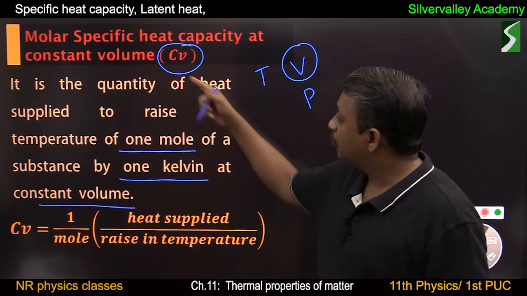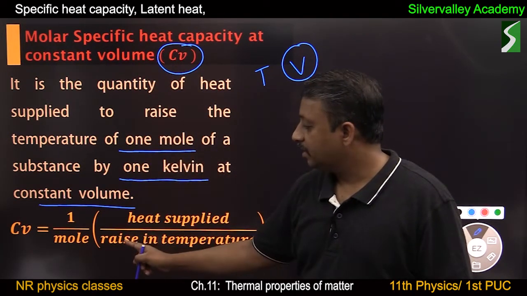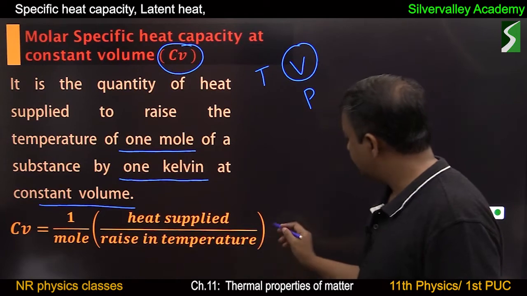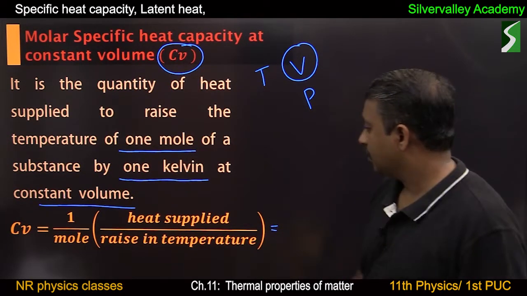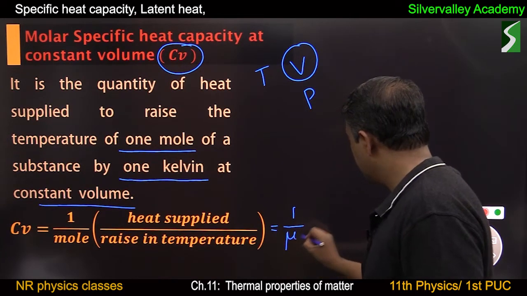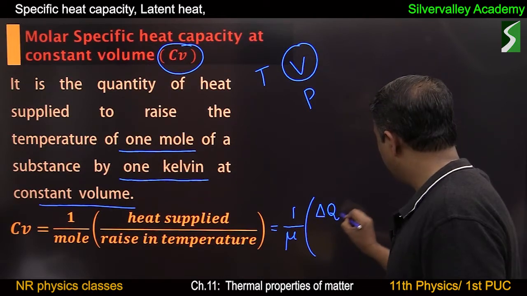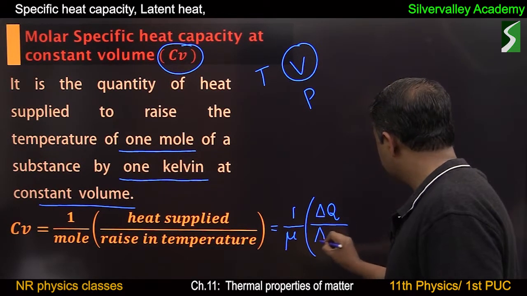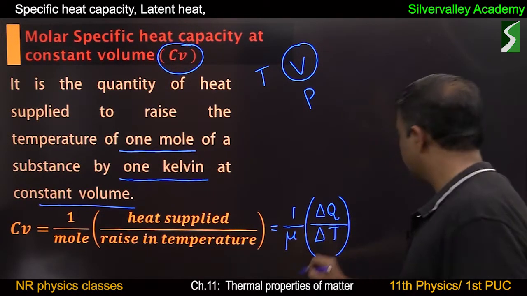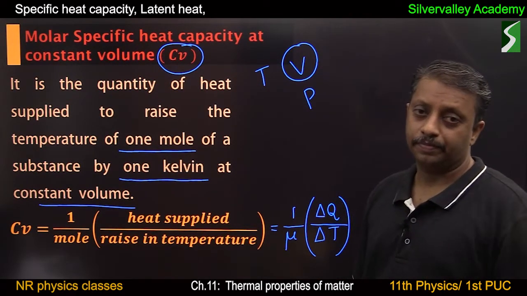Students, you have to make a note of the heading, statement, equation, and then this 1 by mole is 1 by mu, number of moles, into delta Q by delta T. So this is molar specific heat capacity at constant volume.